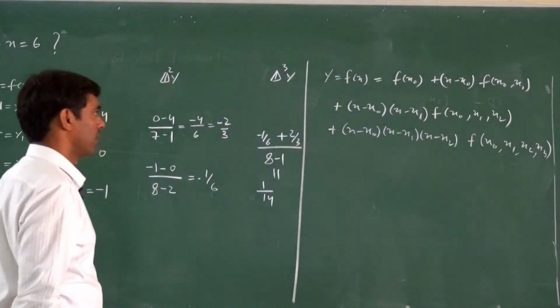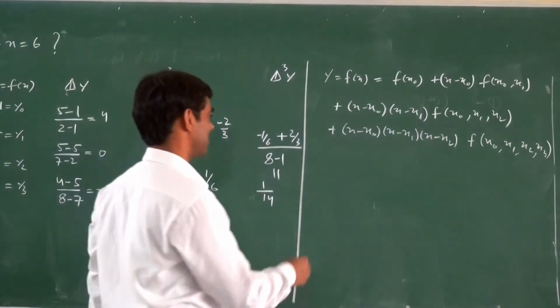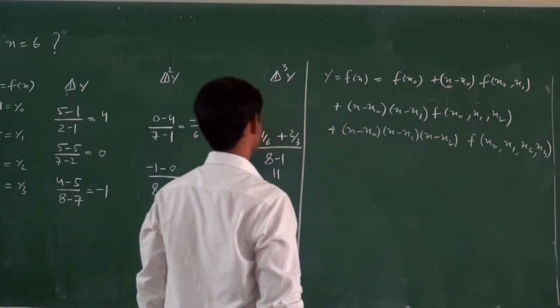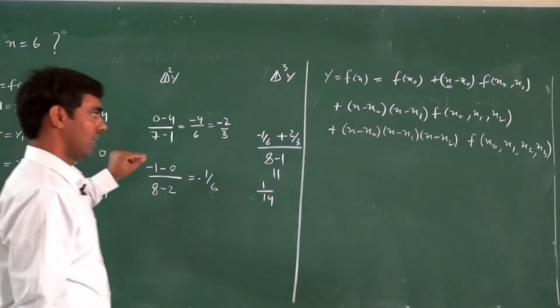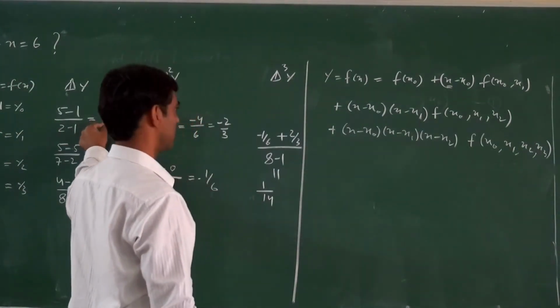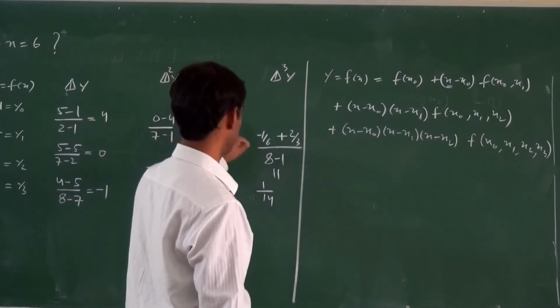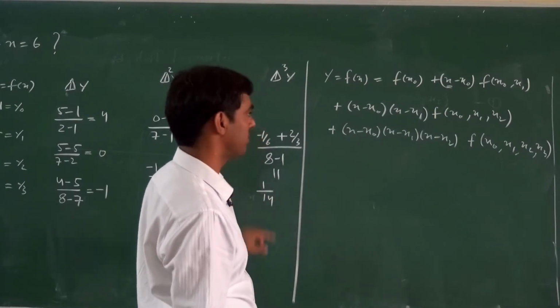Now we need to find the value of y at x equal to 6. So x becomes 6. What is the value of f of x0? f of x0 is 1, the first order divided difference is 4, the second order divided difference is minus 2 by 3, and the third order divided difference is 1 by 40.